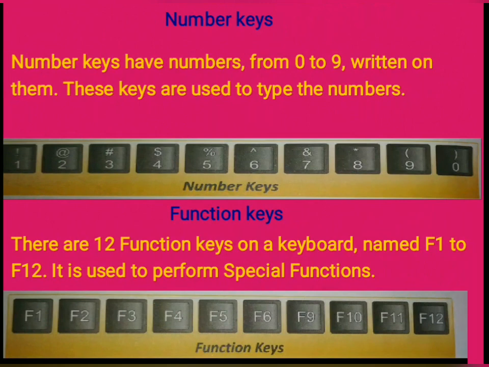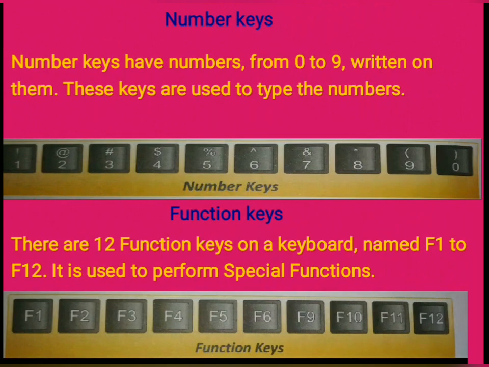They are used to type in any number, for example, roll number, class, telephone number, date, date of birth, etc. To type the character written on upper side of a number key, you have to press the key along with shift key.